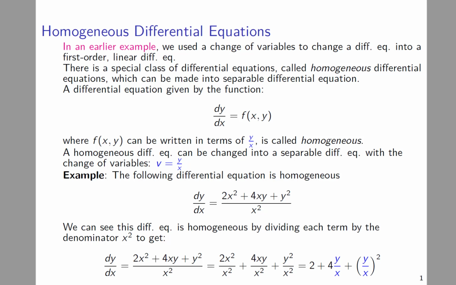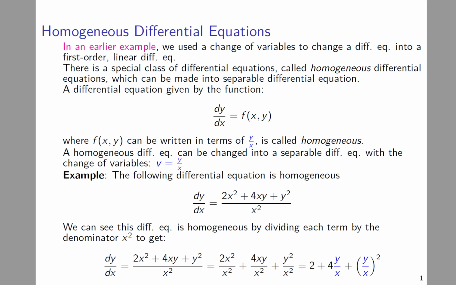In the first term, x squared over x squared is just 1, leaving us with 2. In the next term, 4xy over x squared reduces to 4y over x, and y squared over x squared can be written as (y over x) squared. So we've written dy/dx in terms of y over x, and thus it is homogeneous.